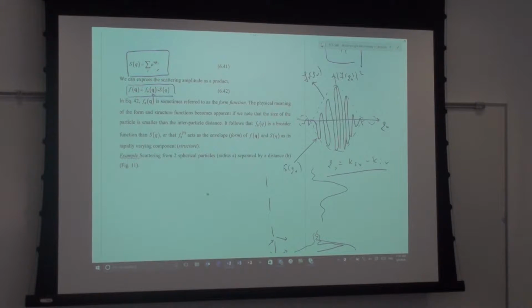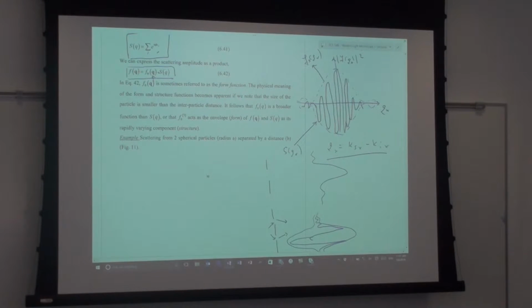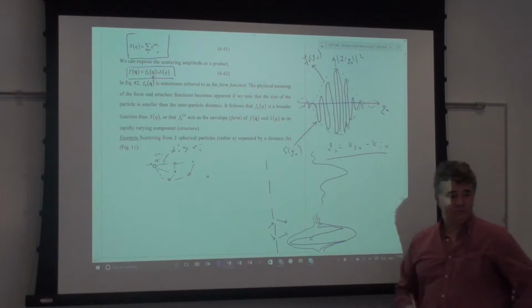Okay, so I think you're right, but here's how I would say it: S of Q is due to these interparticle distances. And these distances, let's say di, are always bigger than the radius of each particle. Yeah? That's it.